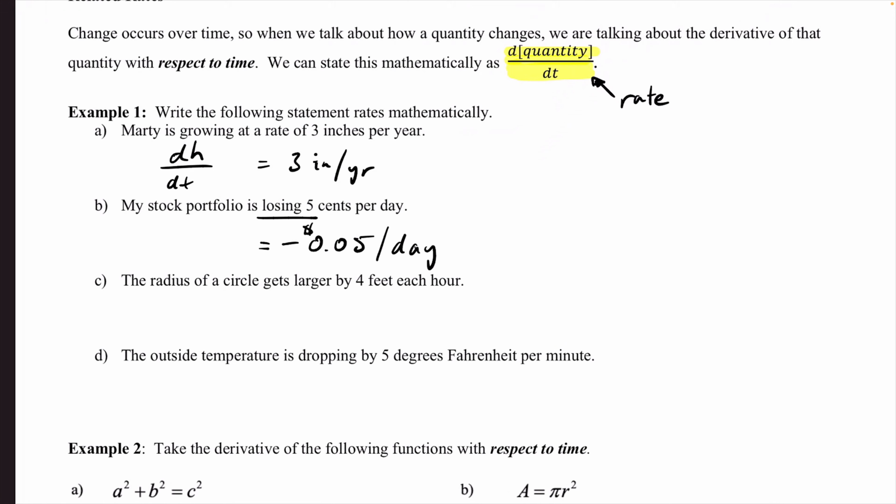So how are we going to write that as d what over dt? It's money going down, decreasing, right? But what does that refer to? Like the first one was 3 inches, which refers to height.